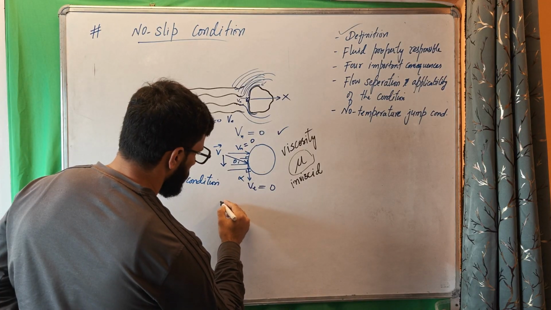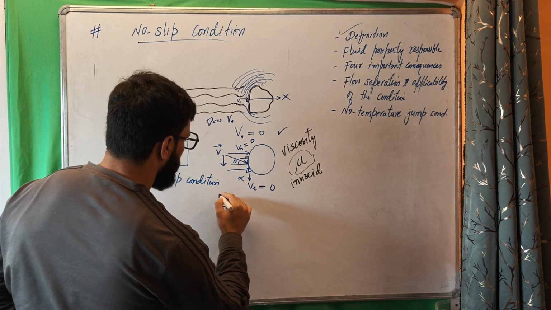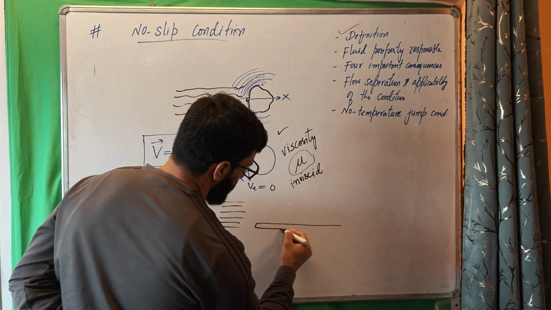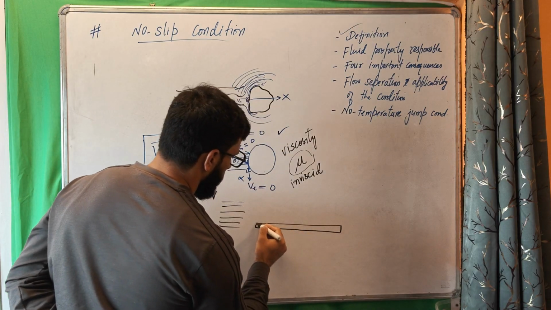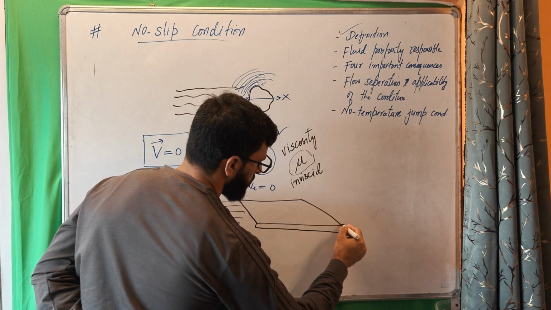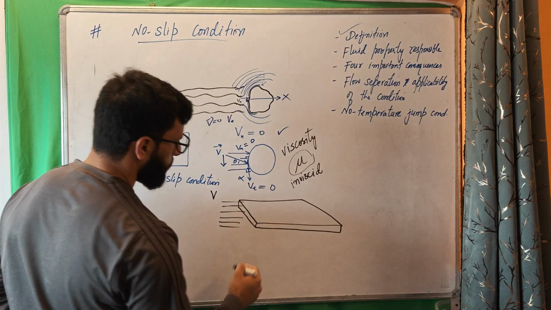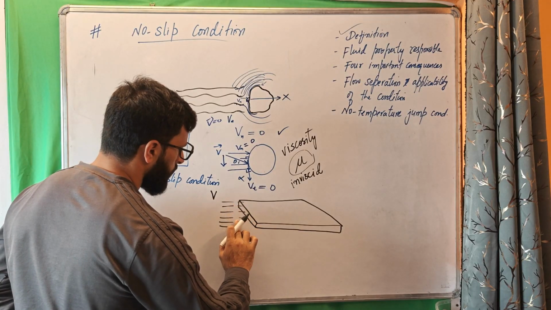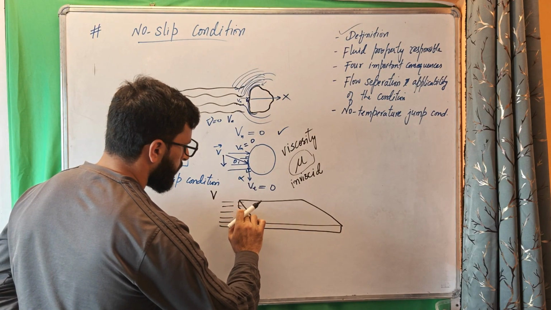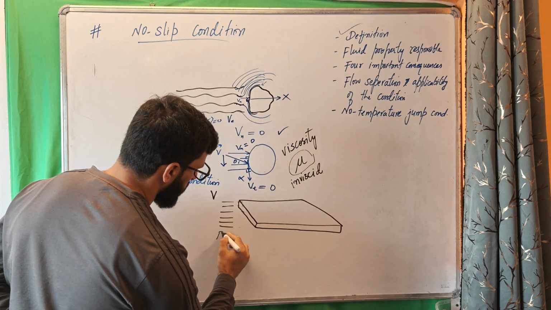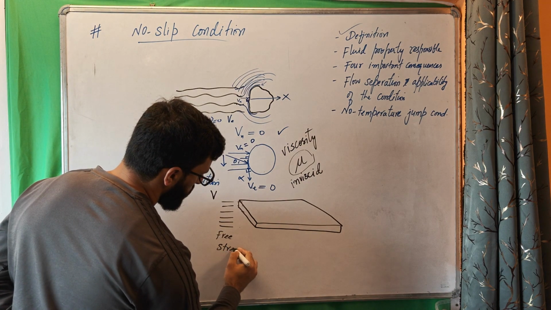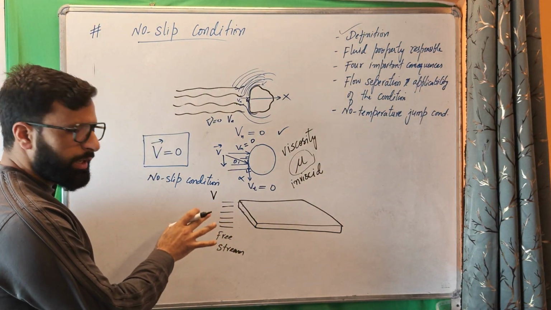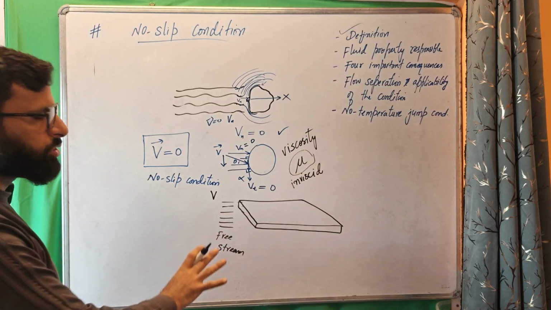Suppose this is fluid coming at some velocity v, and we have a flat plate which is about to come in contact with this freely flowing fluid, which is called the free stream. So fluid is coming with some velocity, say v, not in contact with any solid surface. This is called free stream.